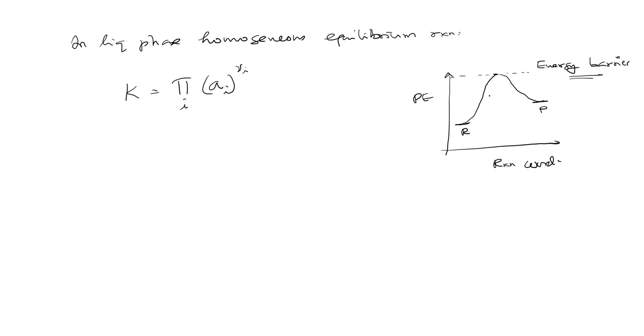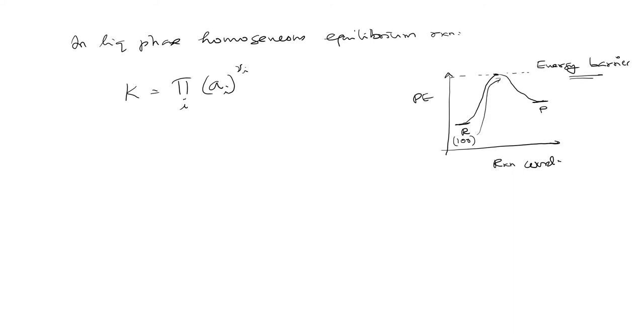If any reactant molecule attains this much energy, if it crosses the energy barrier, then that reactant molecule can form product. Suppose we have 100 reactant molecules here; not all 100 molecules will reach the energy barrier.